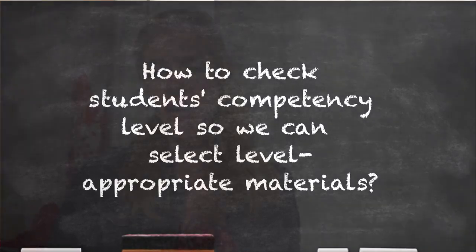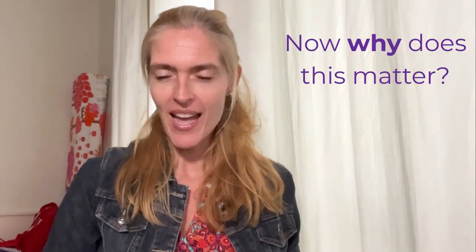So first of all, let me explain why it is important that we select activities and materials that are of the right competency level. If we select materials and input that is above what students already know, way above what they already know and can do, it's very unmotivating because our brain can only store new information when it's relevant and linked to our prior knowledge.